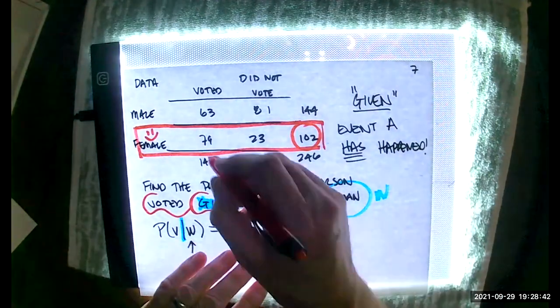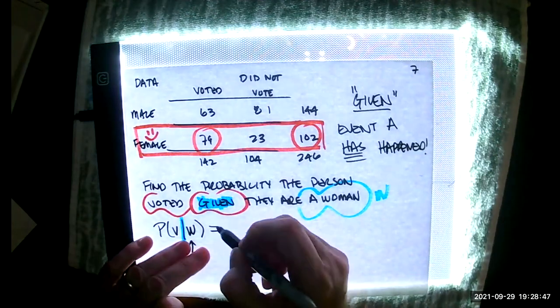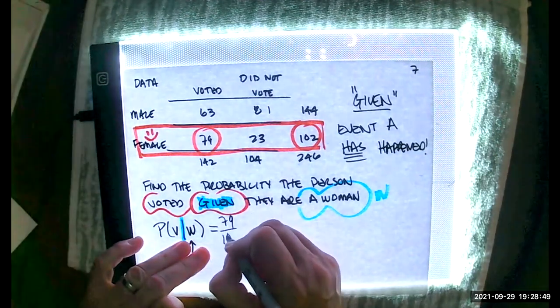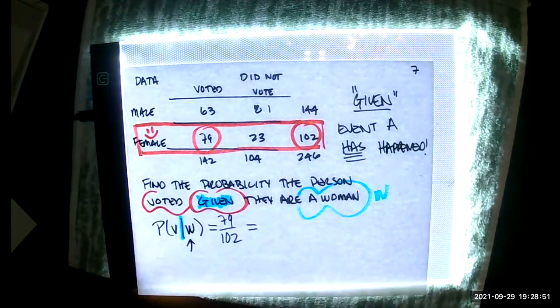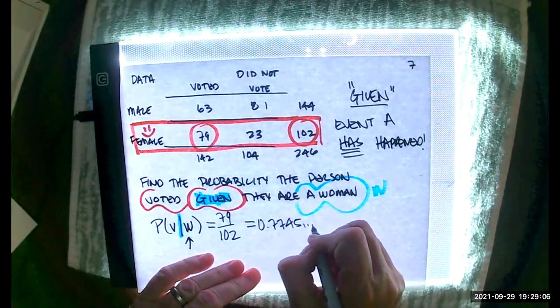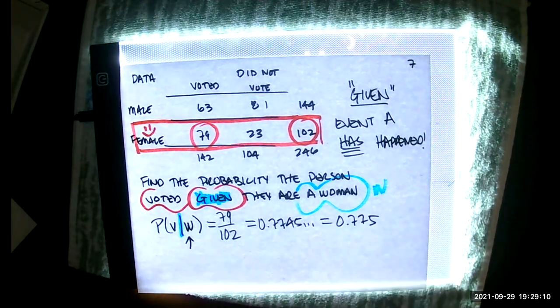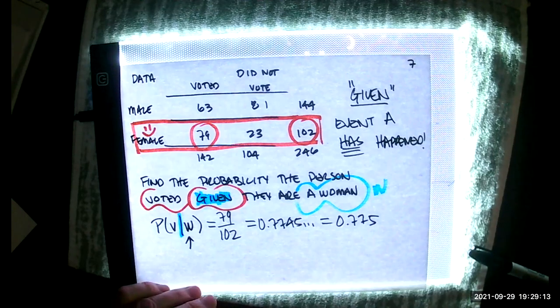How many of them voted? 79. We have 79 over 102. And the calculator tells me that 79 divided by 102 is equal to 0.7745 and change. 0.775, so 3 significant digits.